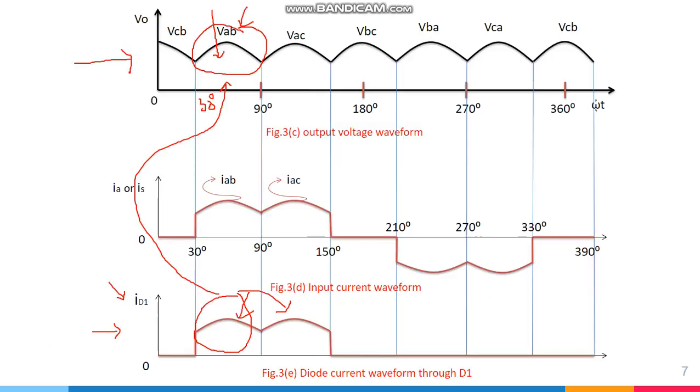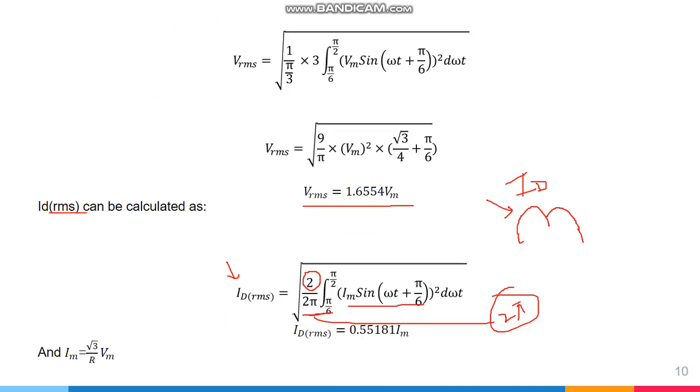From the 2 pi time period, this waveform only passes once. And here Im is equal to under root 3 Vm by R.